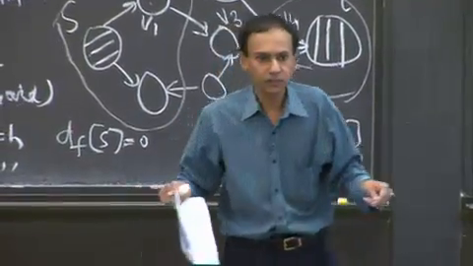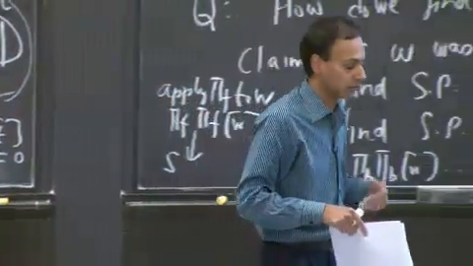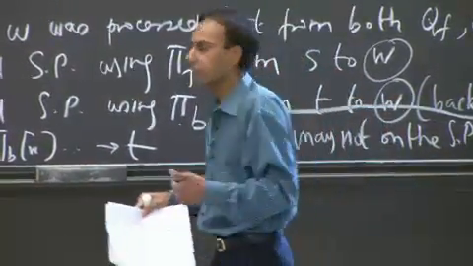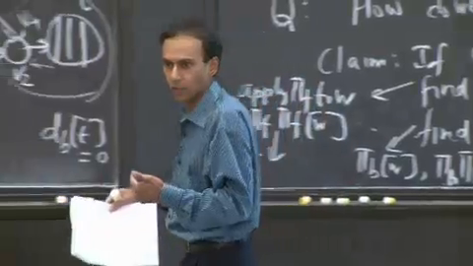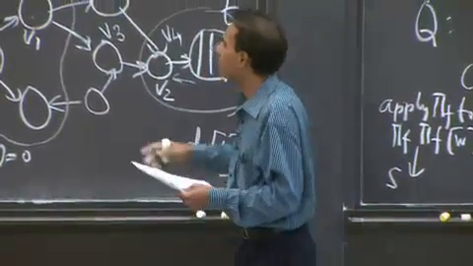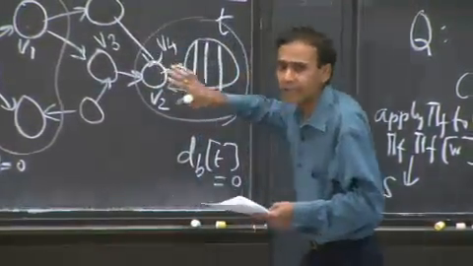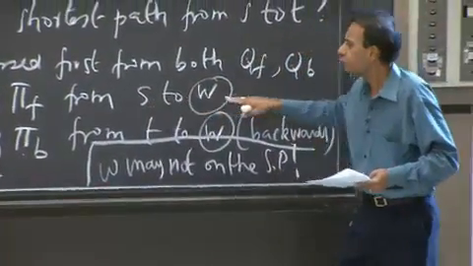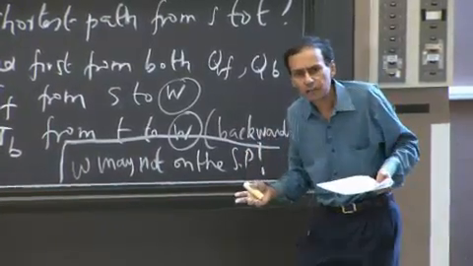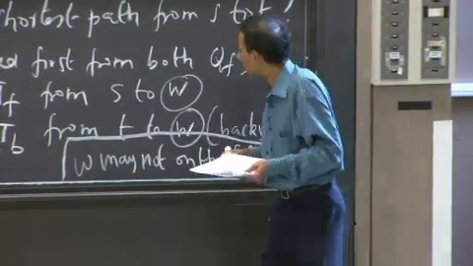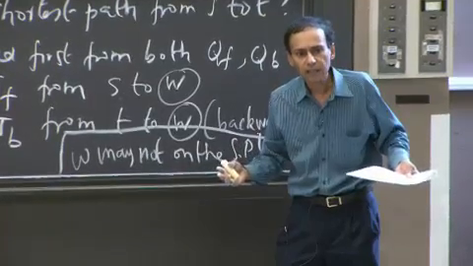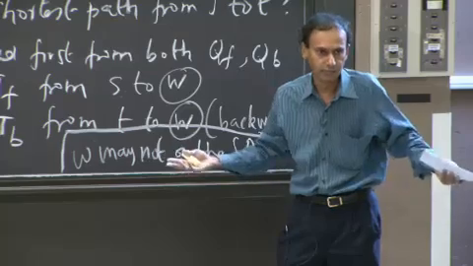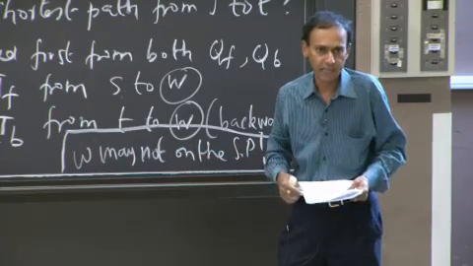That makes sense? But this example is set up so the shortest length path is not the shortest weight path. So we can't take the W and use pi f to construct part of the path and use pi b to construct the other part of the path and find the shortest weight path. We would get something incorrect. We would get a path of length 10 in this case if we did that.